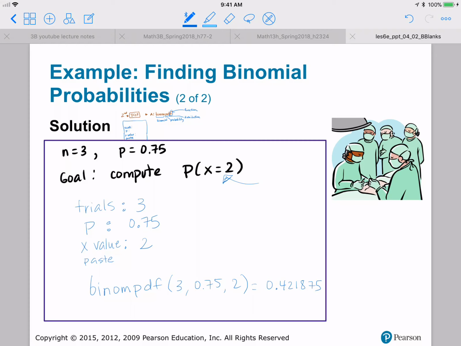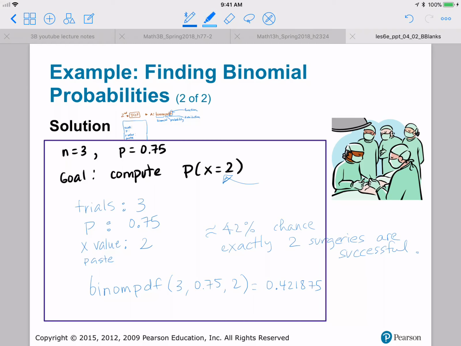Okay, so in other words, there is about a 42% chance that exactly 2 of the surgeries are going to be successful, 2 of the 3.